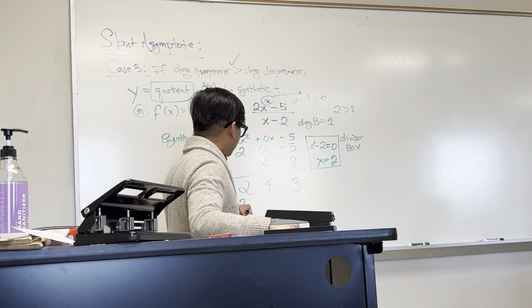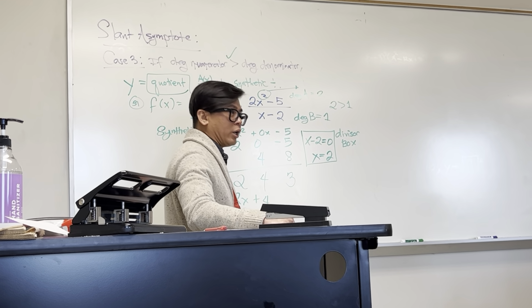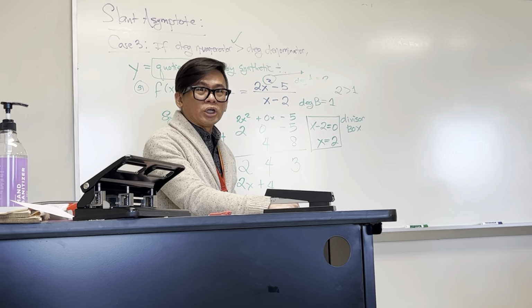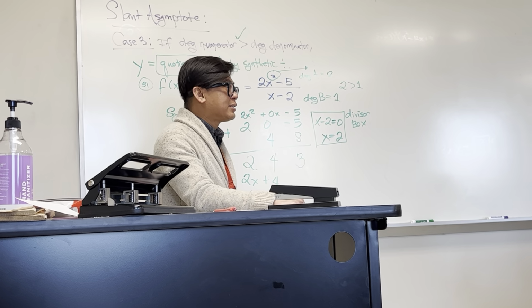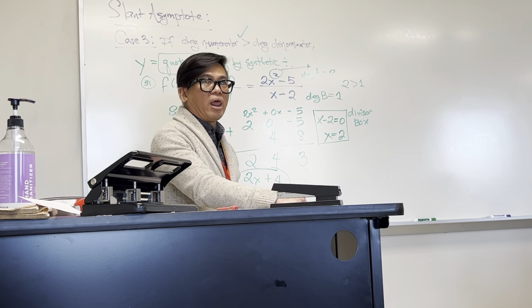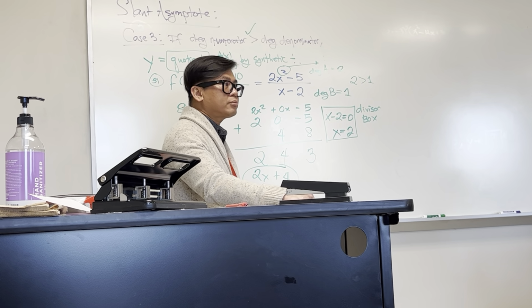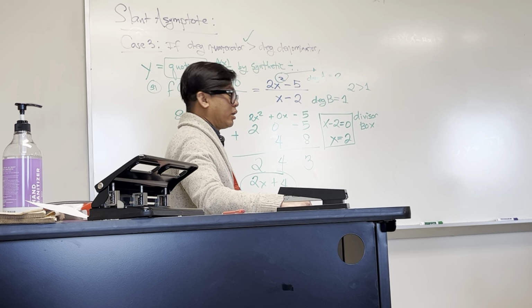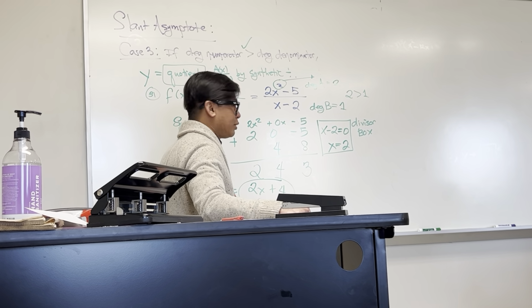That's going to be 2x plus 4 for your quotient. Again, your quotient is always 1 degree less than the dividend.